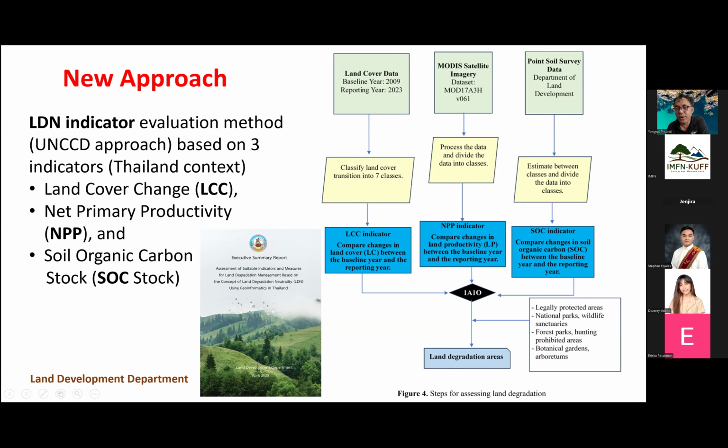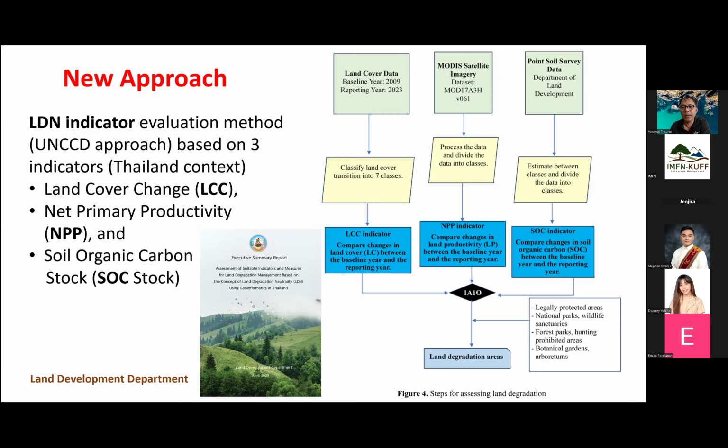For the soil carbon stock, they use survey data, because the LDD also has nationwide inventory data with a sample size. For the samples, they collect the soil carbon up to a certain depth.